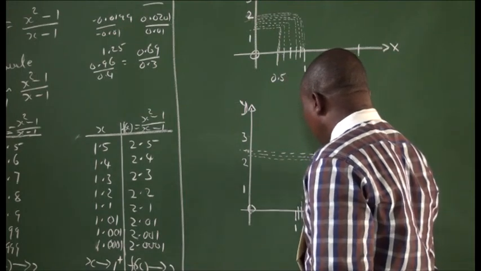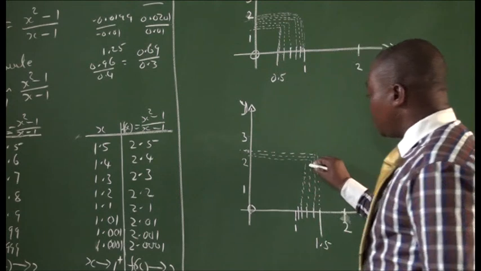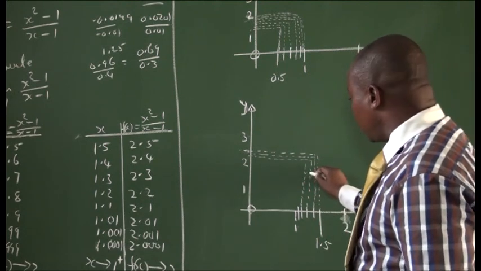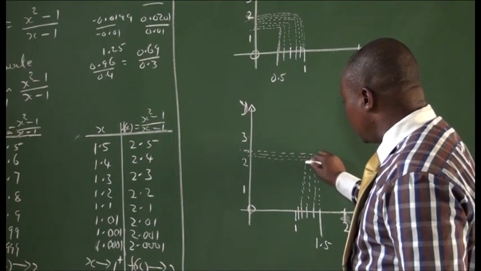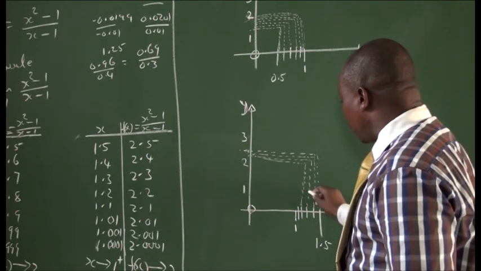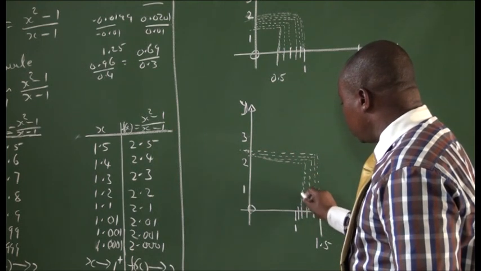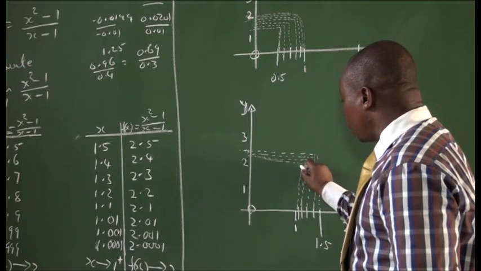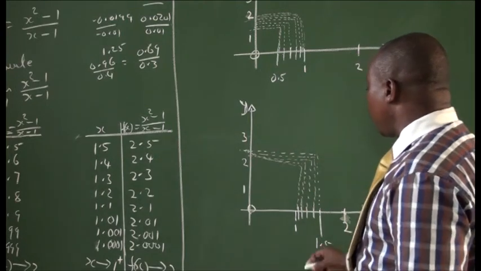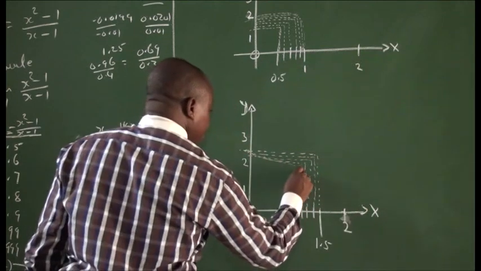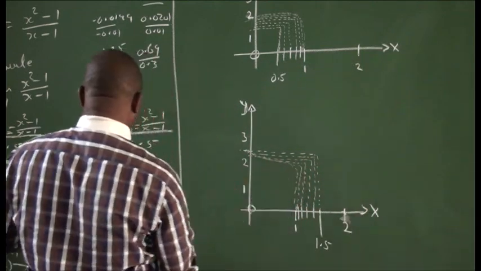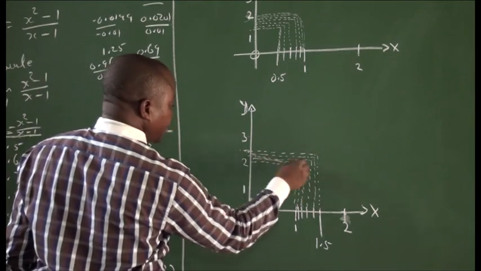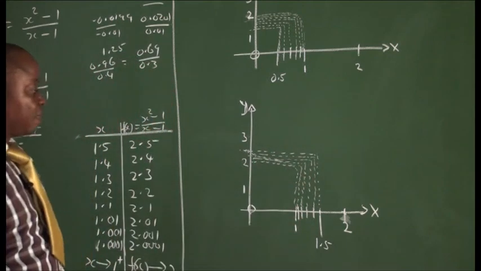At 1.2, we have 2.2. At 1.1, we have 2.1. At 1.01, you have here 2.01.